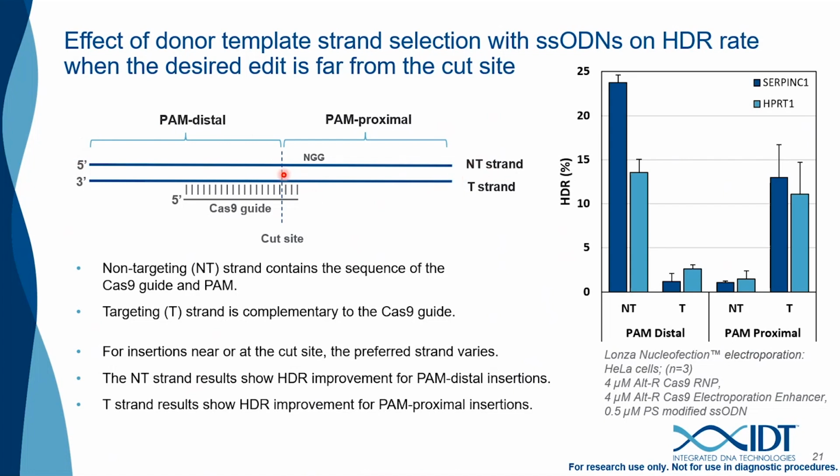So in these experiments where we were inserting, again, an EcoR1 site, 25 base pairs upstream or downstream from the cut site, you can see in the case of the PAM distal orientation, so on the opposite side of the cut site as the PAM, that the non-targeting strand is actually the preferred strand pretty dramatically. In contrast, if you insert on the PAM proximal side, the targeting strand is generally strongly preferred, which you can see here.